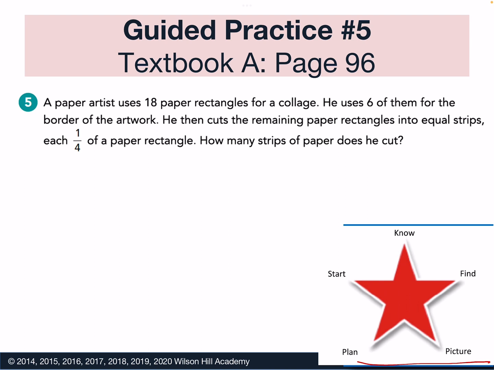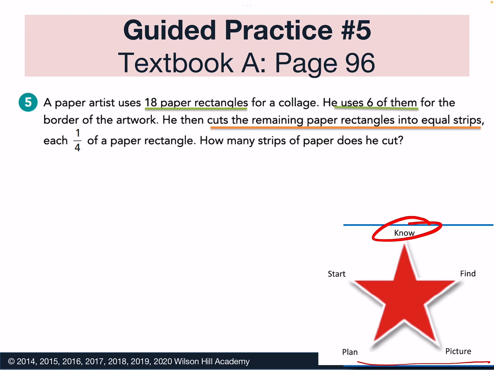Using the startup scheme, we need to figure out at the very beginning what it is that we know, what is given to us in the problem for our use. The very first thing that we see is that we have this artist using 18 paper rectangles. But 6 of them are used for the border of the artwork, and he is only going to use the remaining rectangles in order to make paper strips.